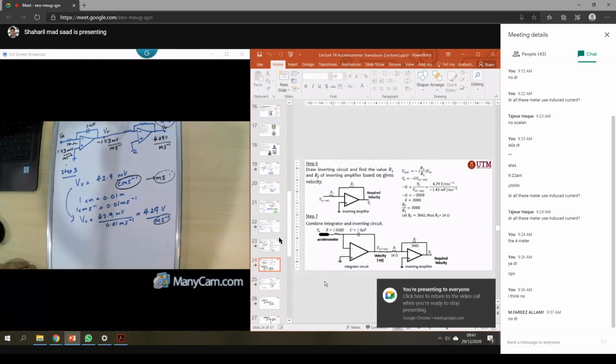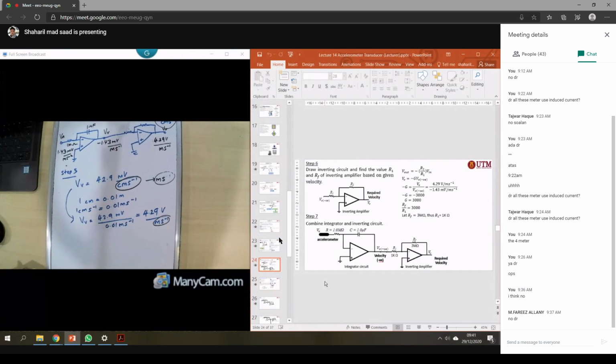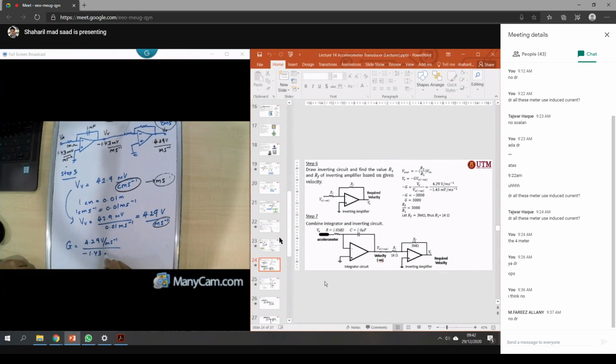Okay, all right. So what we need here is our G equal to 4.29 volt per meter per second, divided by 1.43 millivolt per meter per second here.